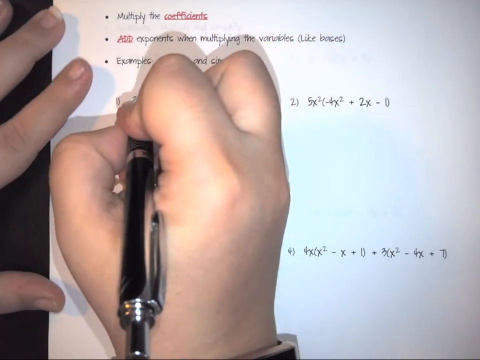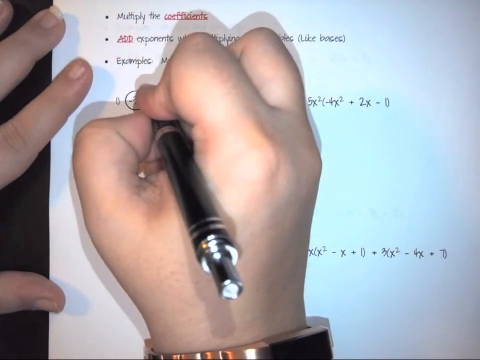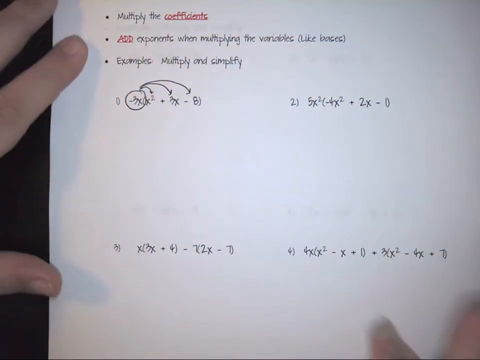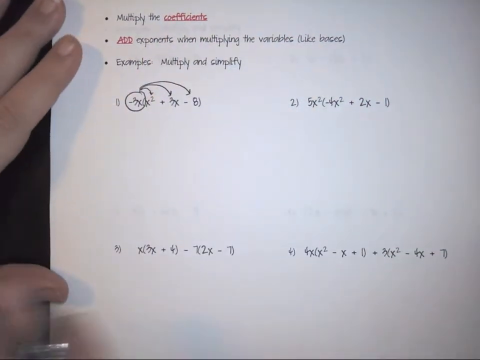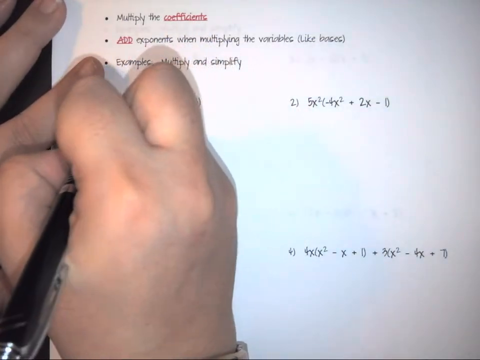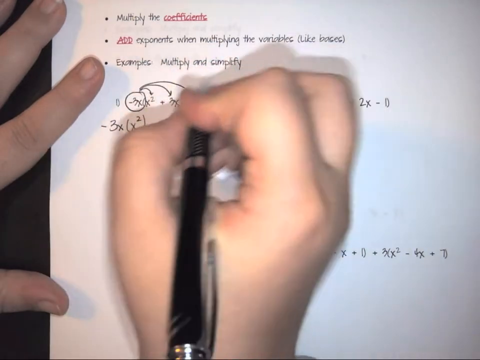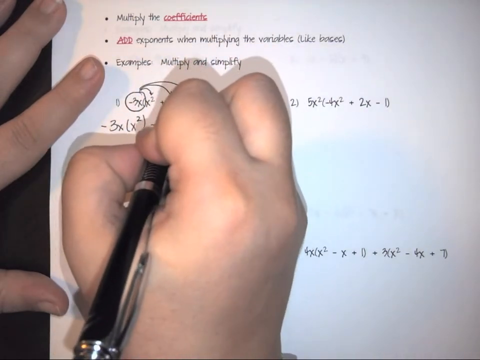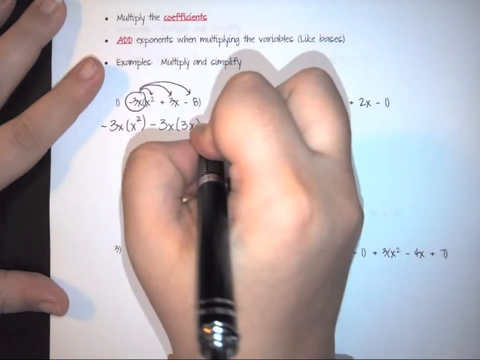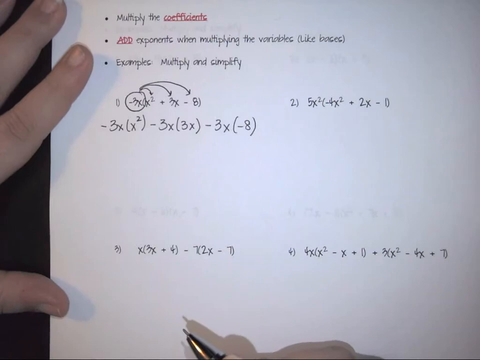We have to take the term on the outside and apply it to all three pieces. That's called the distributive property. So this becomes negative 3x times x squared, and then negative 3x times 3x, and negative 3x times negative 8.